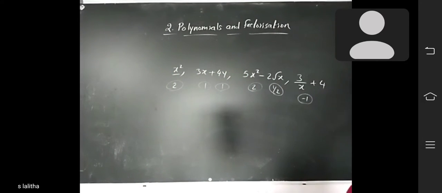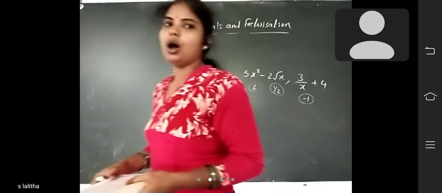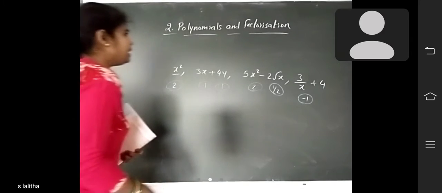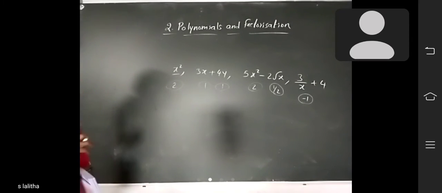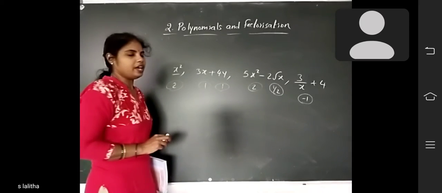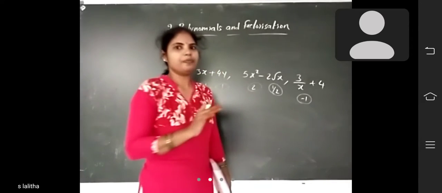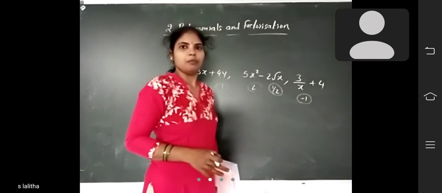An algebraic expression in which the variables involved have only non-negative integral powers is called a polynomial. Non-negative integral means only positive numbers will be the powers. But here a rational number, here a negative number is there. So there is no positive number. So that's why those are not polynomials.